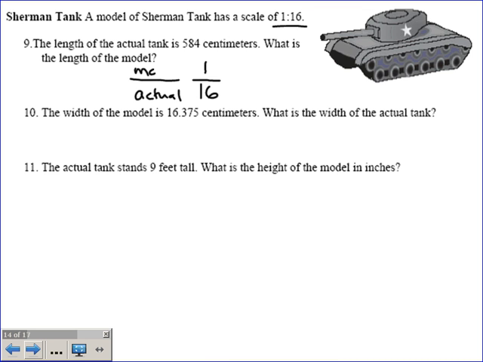So we'll probably do model over actual. So we're going to use the 1 to 16. People always ask me, well, where do you put the 584? Well, that's why I put the model over actual. You have to figure out which one's which. So 584, is that the actual tank or the model? That's the actual one, so it's going to go on the bottom. It's the real tank. It's in centimeters. We'll put that x on top.